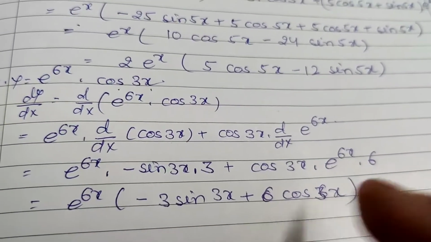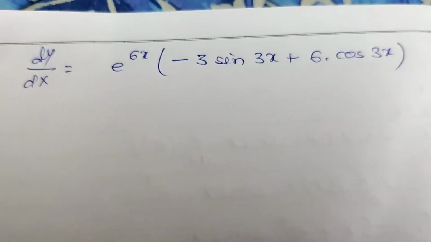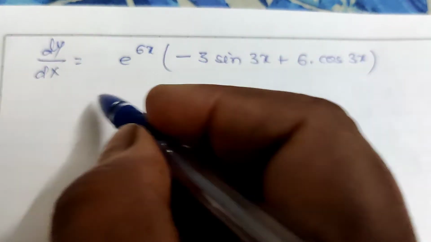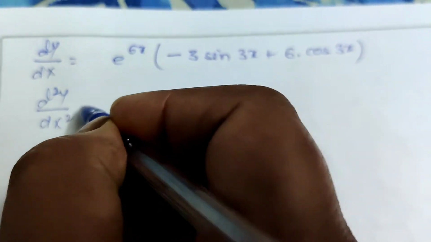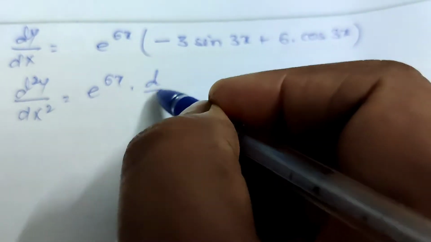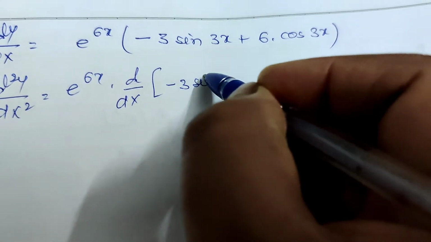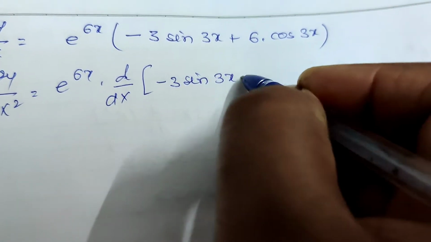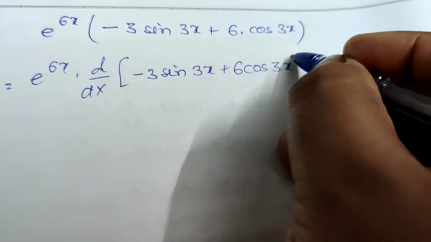Okay. Now again differentiation of this term, dy over dx is this. Now again d2y over dx square. The first function and differentiation of second. Second means minus 3 sin 3x plus 6 cos 3x.